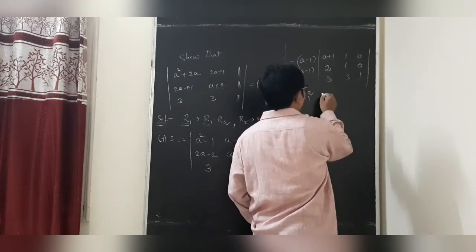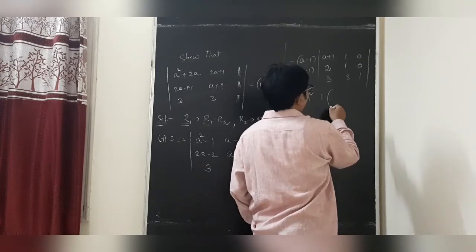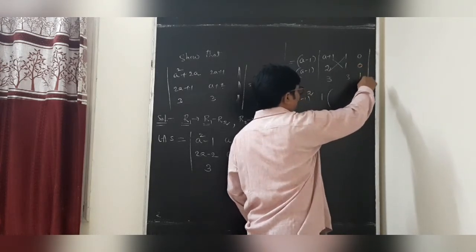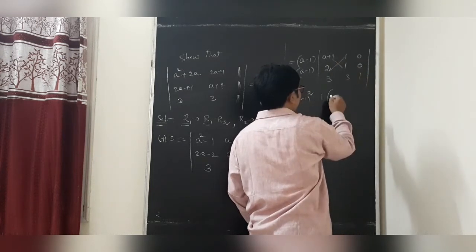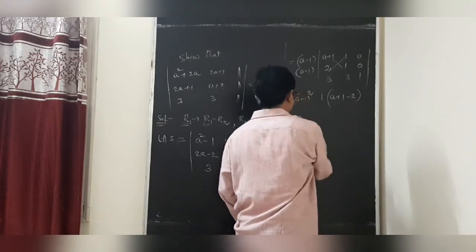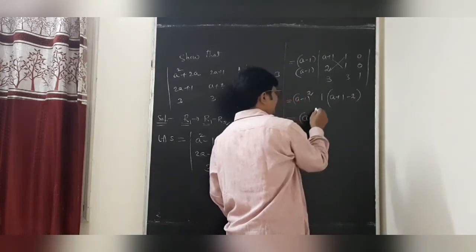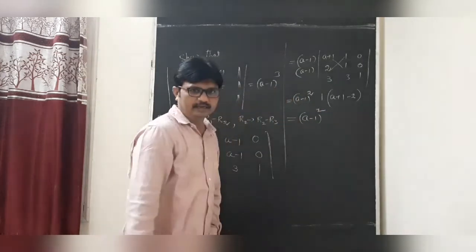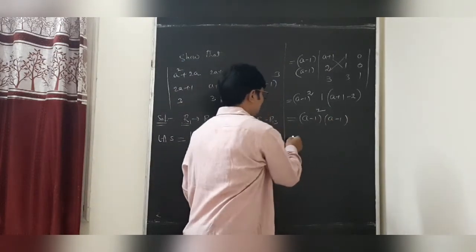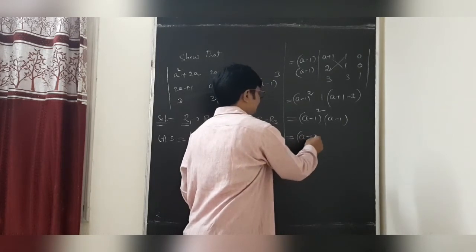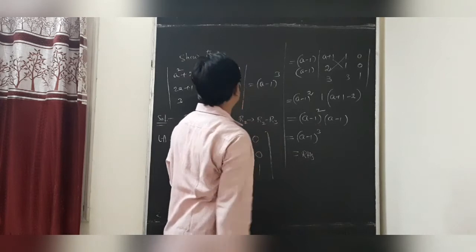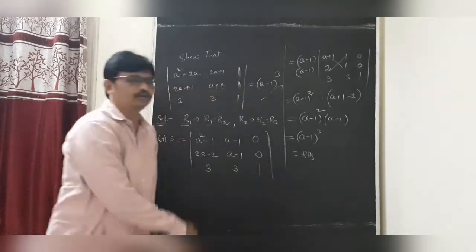Therefore, 1 into AD minus BC, 0 into, minus 0 into, 1 into AD minus BC, that is a plus 1 minus 2. Dear students, the a minus 1 whole square times a minus 1 gives a minus 1 whole cube, that is the right hand side. Okay students, a minus 1 whole cube.